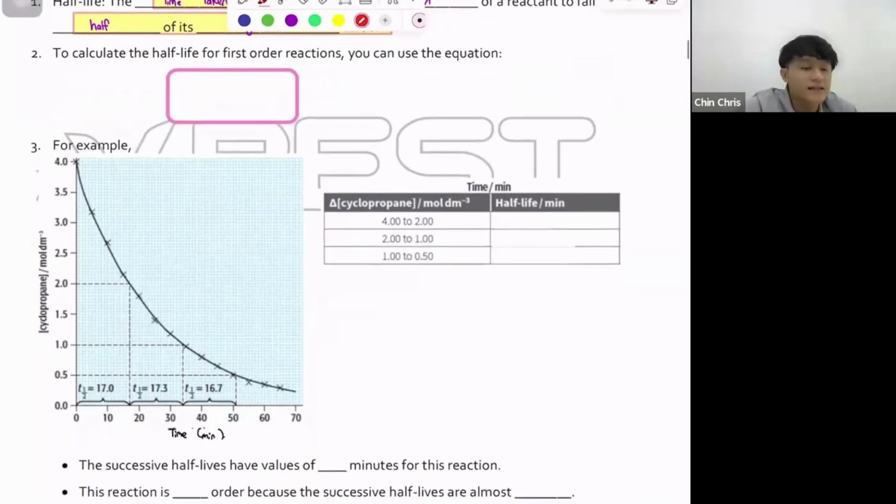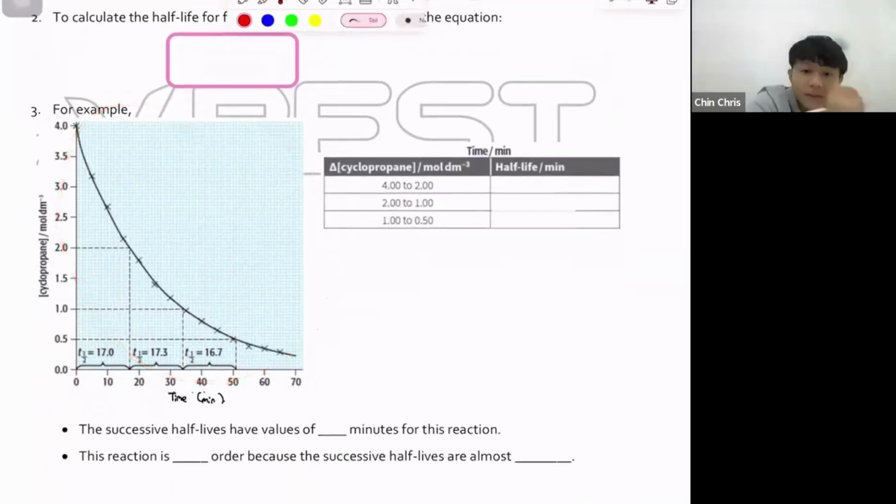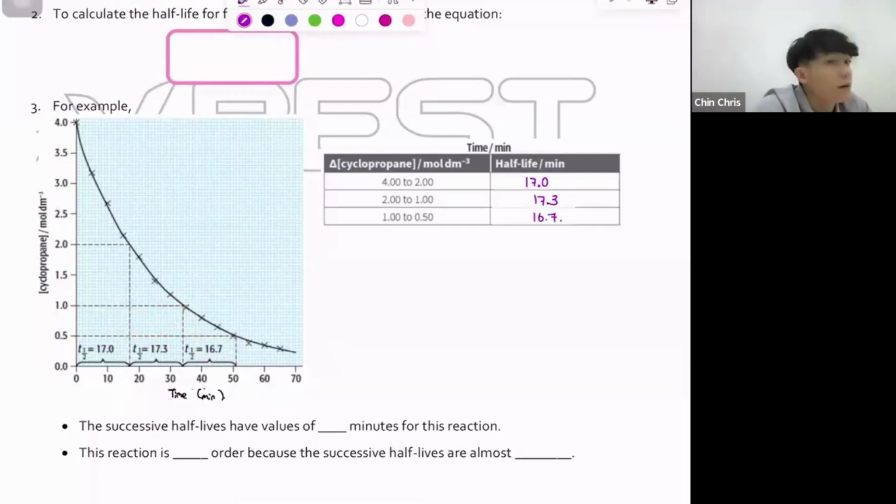Now let's look at the graph. I want you to identify the half-life. The initial concentration is 4, dropping to 2 takes about 17 minutes. From 2 to 1 is around 17.3 minutes. Dropping to 0.5 is 16.7 minutes.